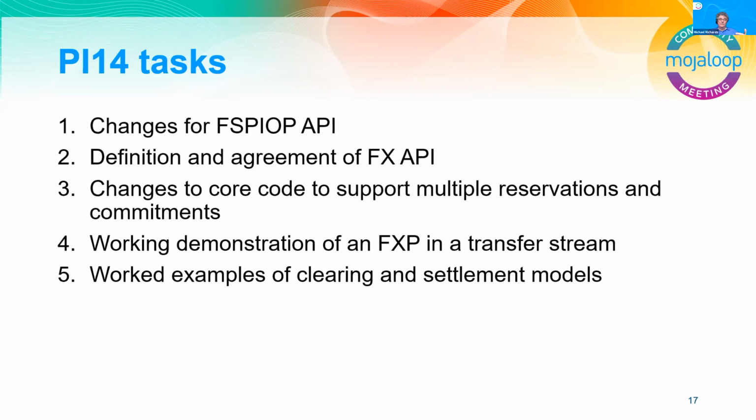It's a characteristic of this solution that the switch will get two conditions and therefore will need to make two reservations and two fulfillments, and therefore will need to make two commitments of funds. So the switch will do both the reservation from the payer DFSP and the FXP in the same pass, and it will need to do the commitment of funds from those parties also in the same pass.